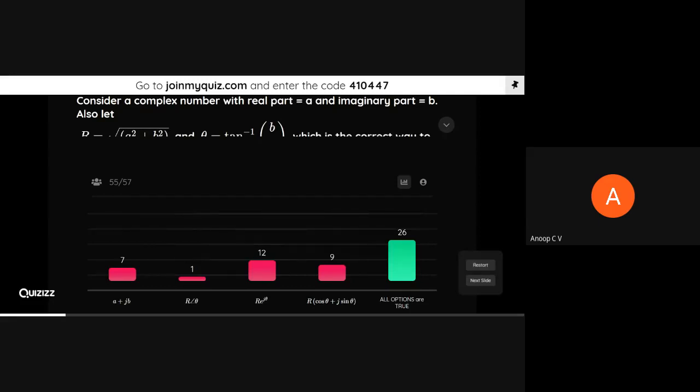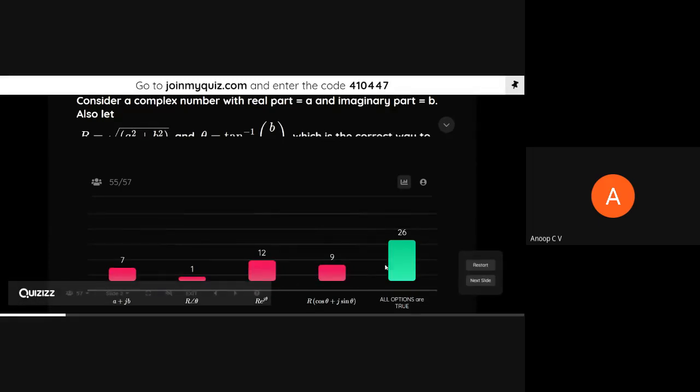So we need two numbers to represent a complex number. Either a real part plus imaginary part, or else magnitude and phase. Magnitude is the root of real part square plus imaginary part square, and the angle is tan inverse of b by a, tan inverse of imaginary by real.